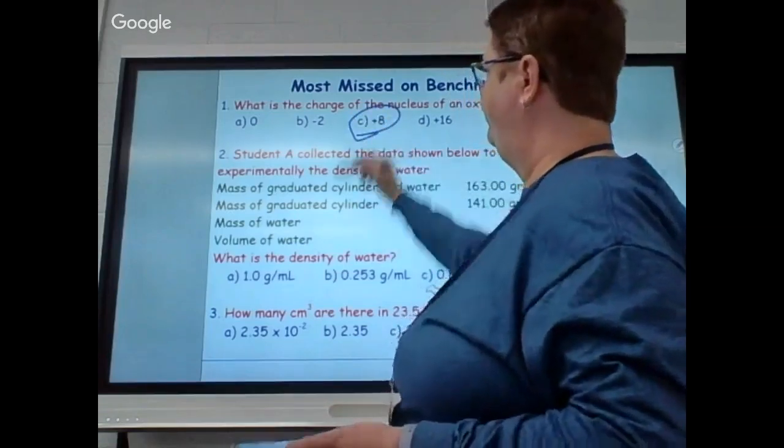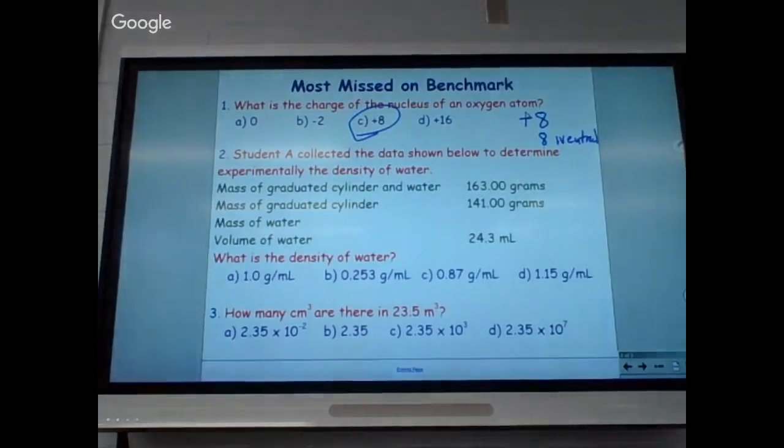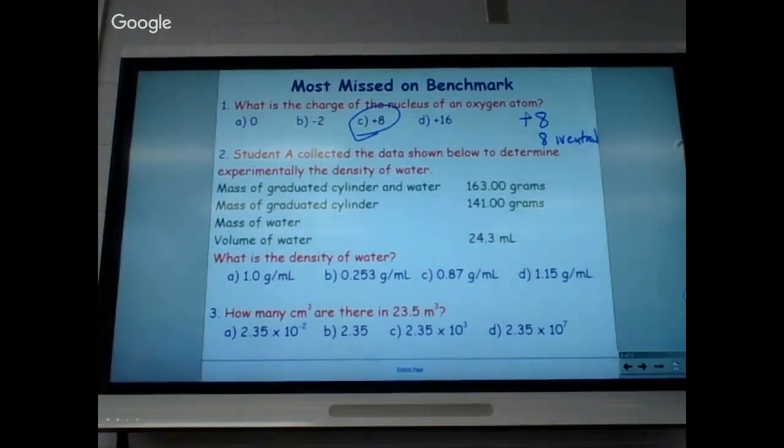That's why y'all picked A, but that's not right because we're talking about the nucleus. If the question didn't say nucleus, you could have put 0.